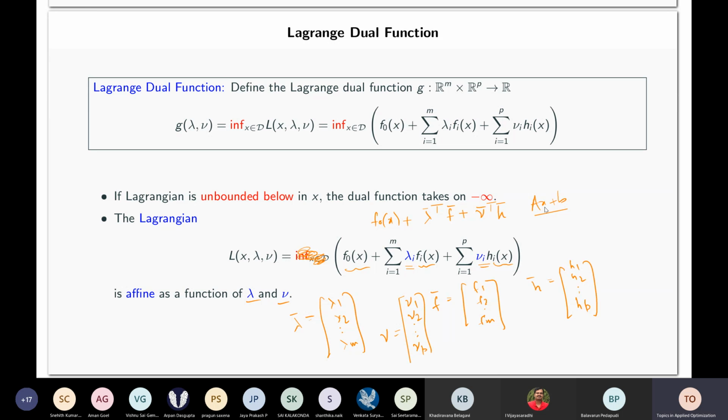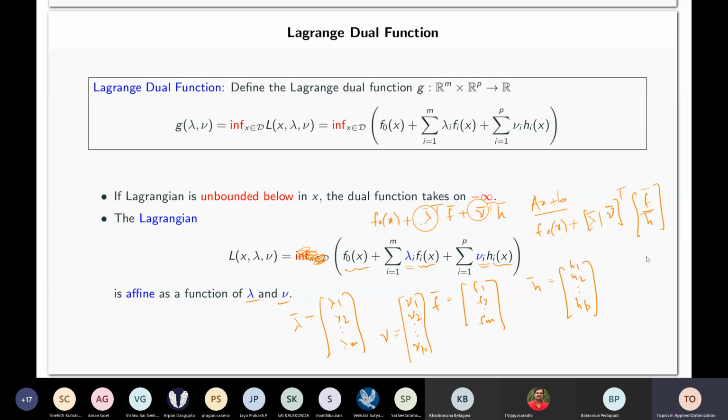So this is of this form. I can combine these variables together, stack them together, and write this as f naught of x plus lambda bar, nu bar stacked, and then the whole thing transposed, and then I have f bar and h bar.